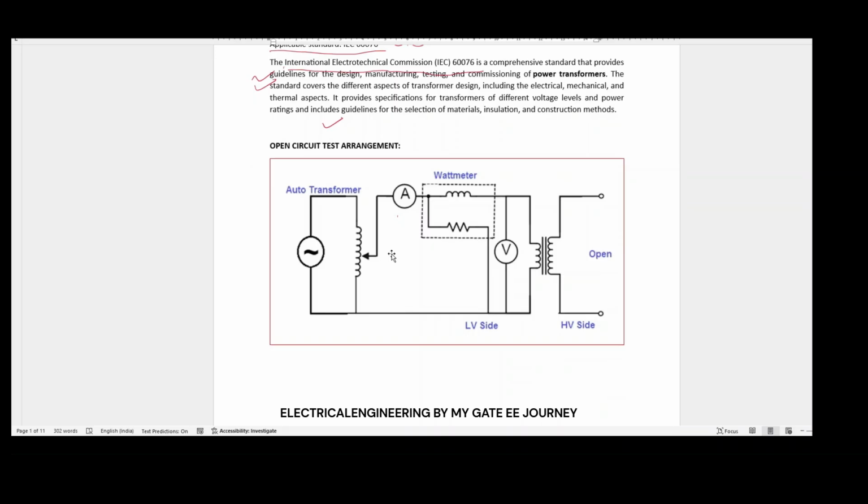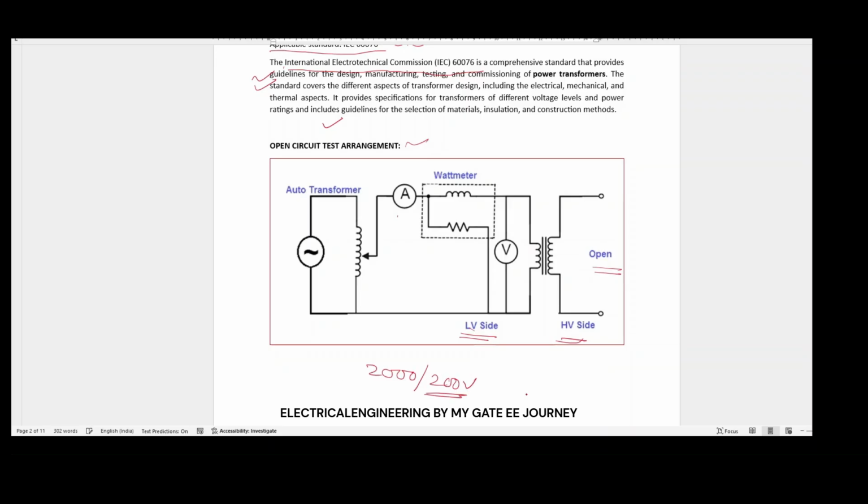Now let us come to our academic or GATE preparation point of view. You see the open circuit arrangement. Here we have connected the LV side to the voltage source, and the HV side we kept open. Why have we done the open circuit test on the LV side? Let us take a 2000 by 200 volt transformer.